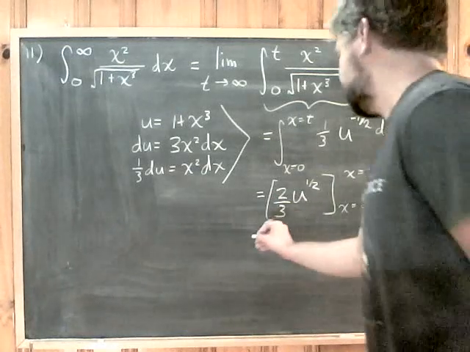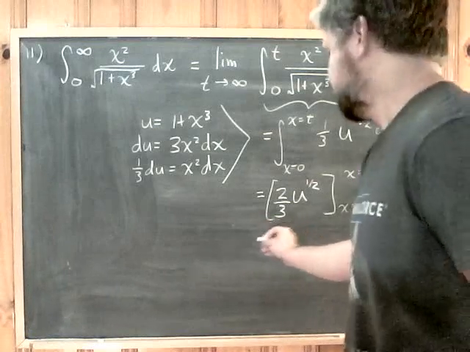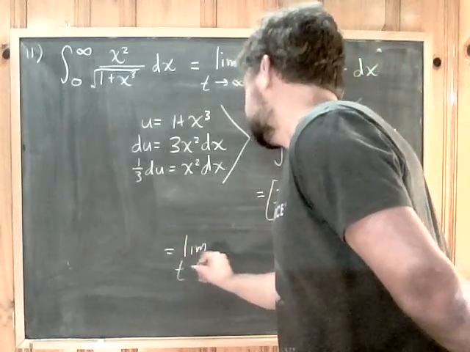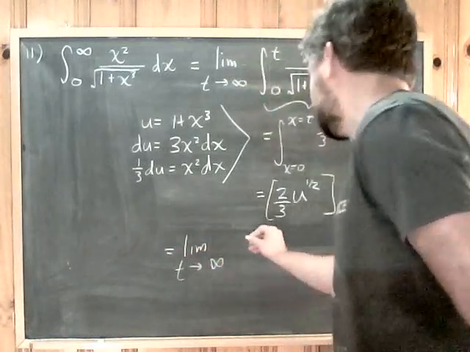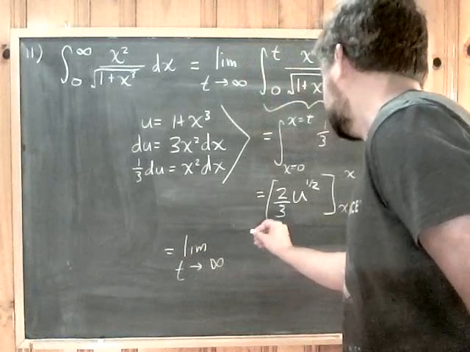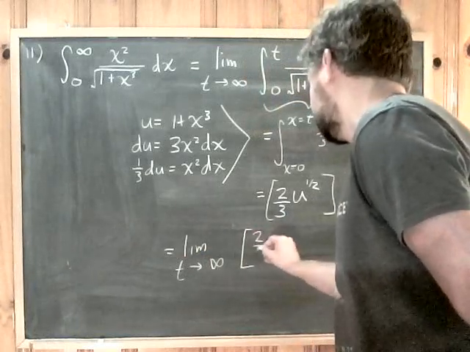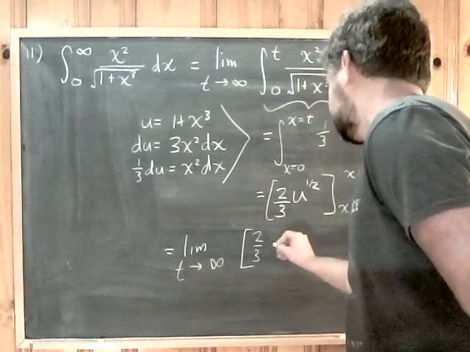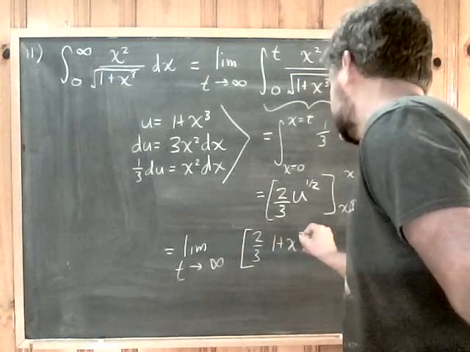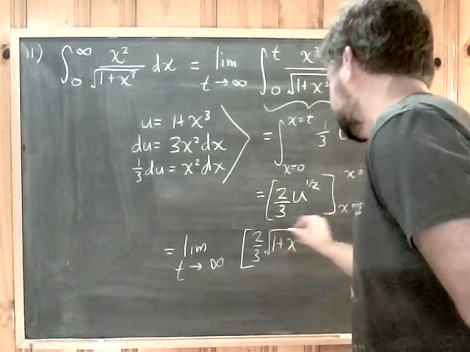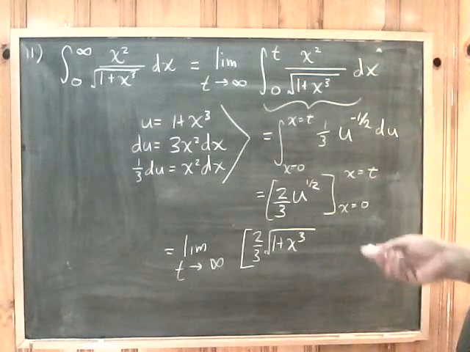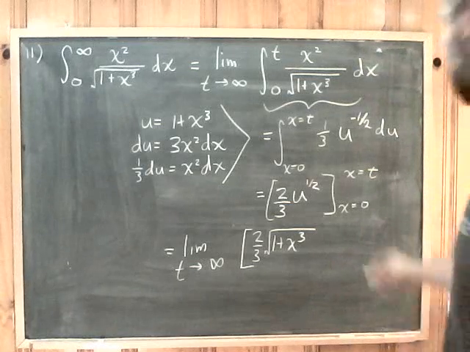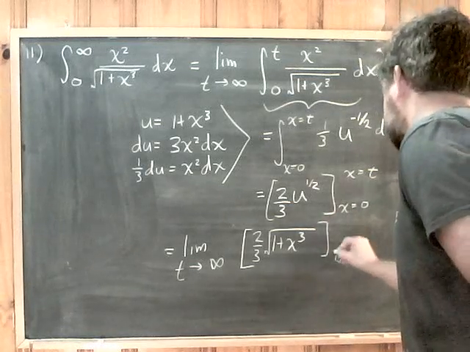So now I should probably go ahead and say this is the limit as t goes to infinity of the 2/3 times 1 plus x cubed to the 1/2, which would be same thing as square root. It's okay to leave it as power 1/2 if you want, but you can put back in square root here if you want to as well. And that goes from 0 to t.